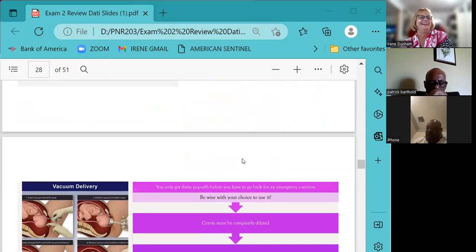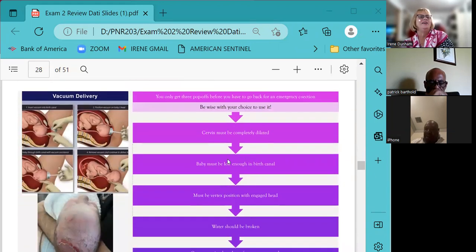All right. So here's another picture of a vacuum delivery, and I remember when the practitioner wanted to use this, I'm the nurse there, and I'm holding the gauge. And I just hate all this assistant stuff.